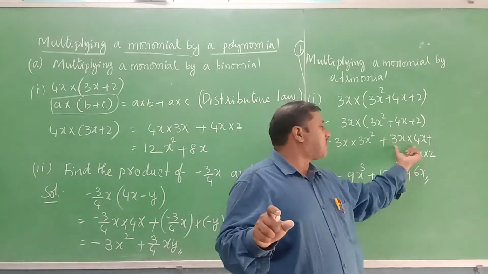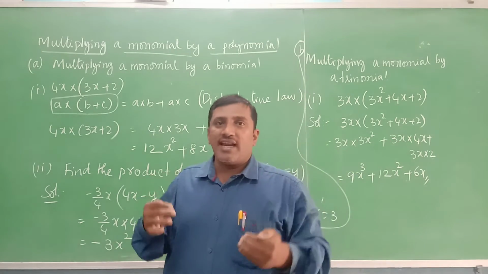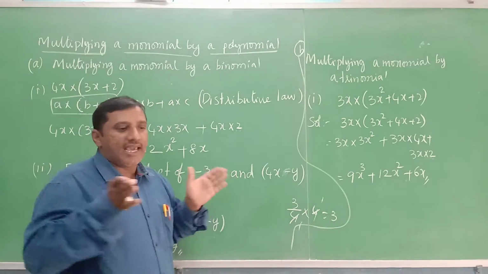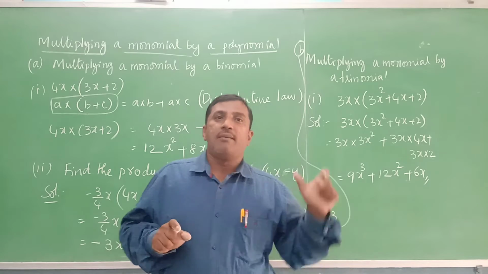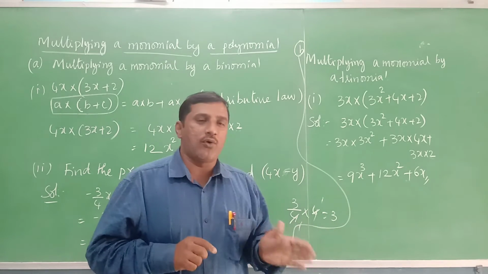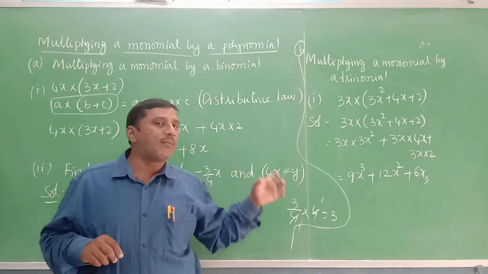So finally what we can conclude, whether it is a binomial or trinomial, again we are using the concept of multiplying a monomial by another monomial. Is it clear children how to multiply a monomial by a trinomial?